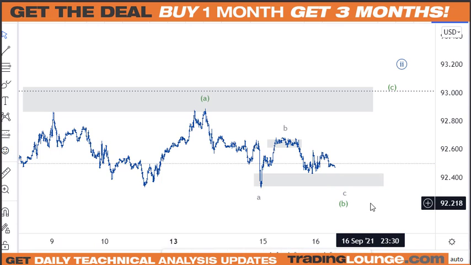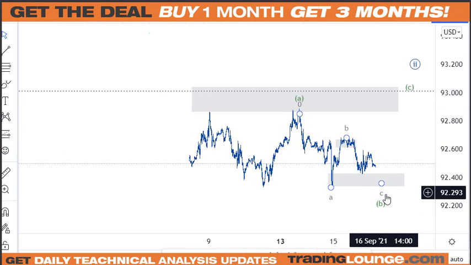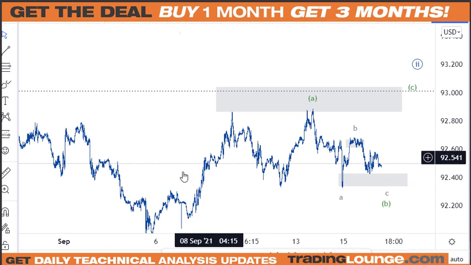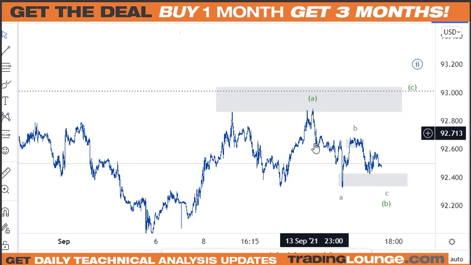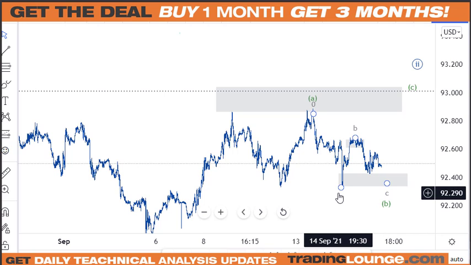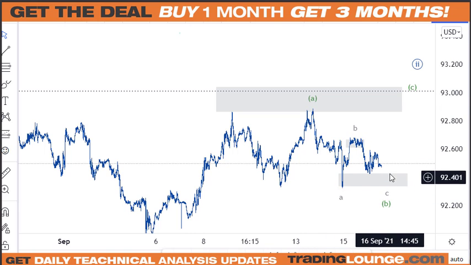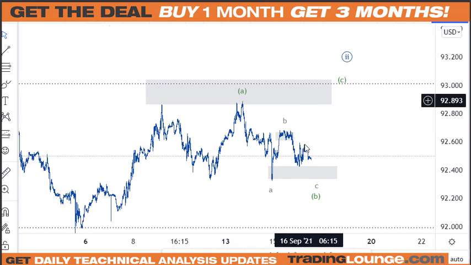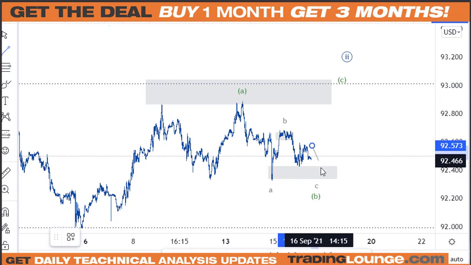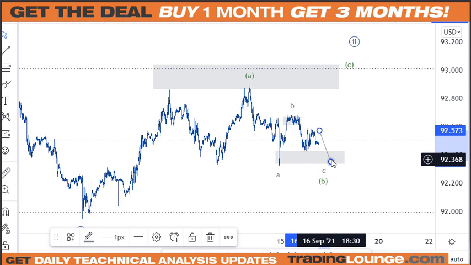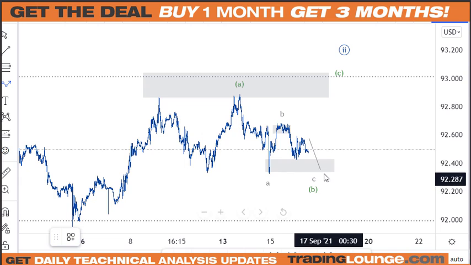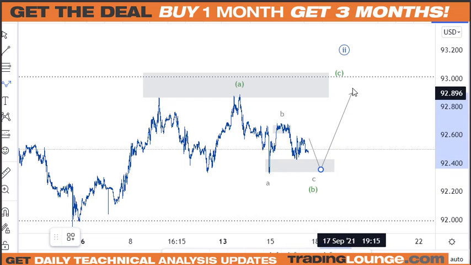So we could look at a more complicated one, because the size of wave A here and the wave B that we had here is okay, but it's okay to have a bigger one as well, so an A, B and C wave here. It would still need to come down further if this is going to be correct, and then we can have a look at 5 waves to the upside at that point.